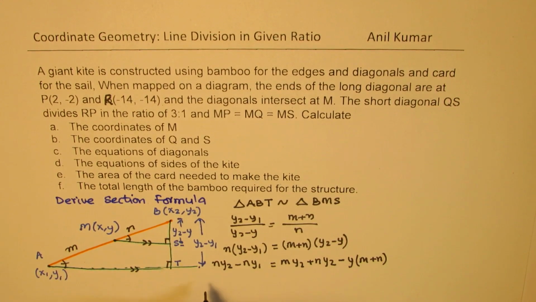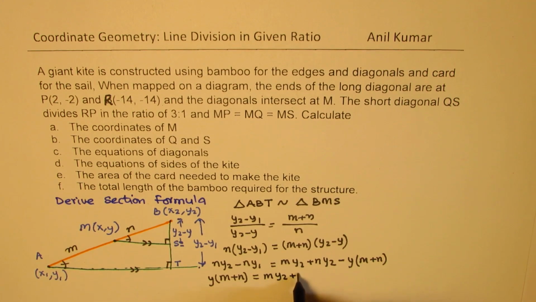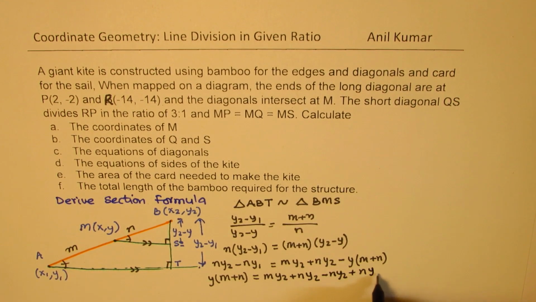So keeping this on the left side, we get y times (m plus n) is equal to m times y2 plus n times y2. That becomes minus n y2, and this becomes plus n y1.